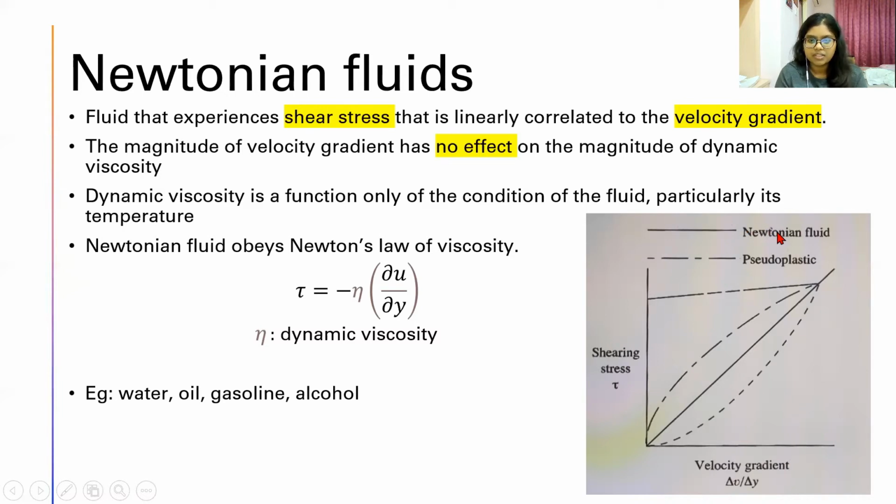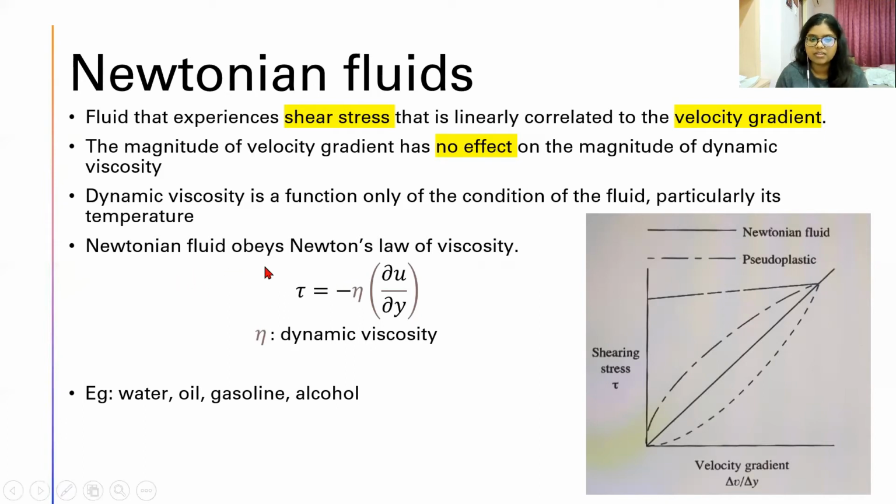For example, when you freshly open a tin of condensed milk, the viscosity or the texture of the condensed milk will be really loose and not thickened. But when you put it in the refrigerator for a few hours, then it will be thickened.